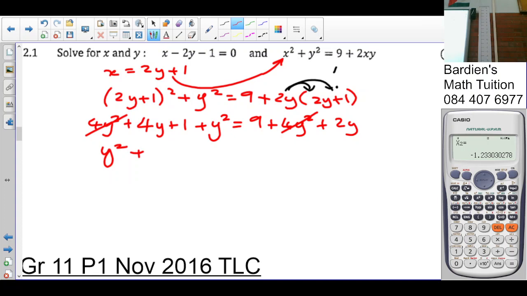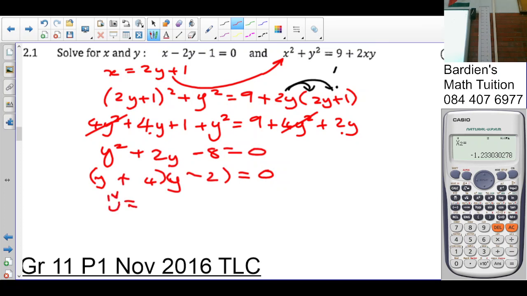So we've got y squared, plus, we're setting up a quadratic equation here. So that's going to give you plus 2y minus 8 is equal to 0. Again, trinomial, people, if you can't factorize, use the quadratic formula. Okay.